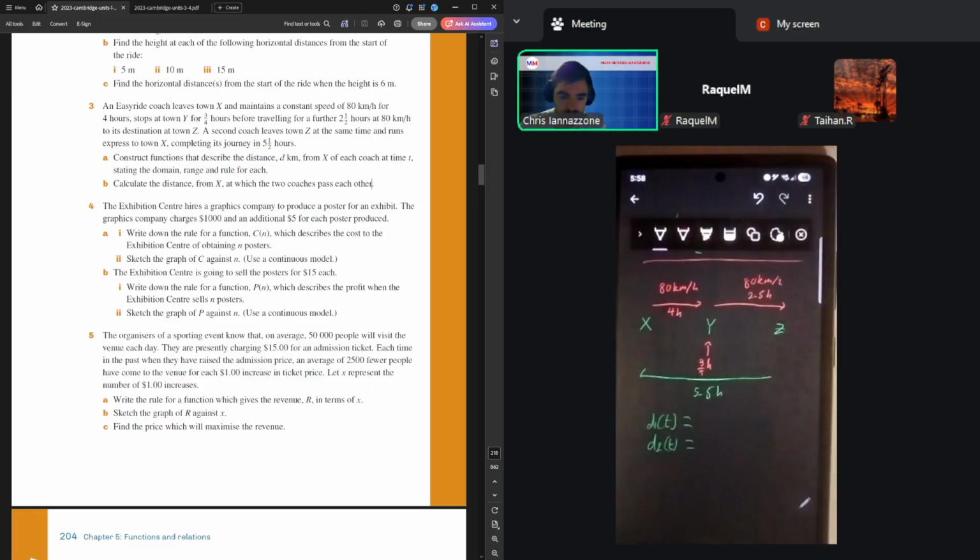Maybe another thing to highlight is our distances: what unit do we have? D in kilometers. So we're creating these in terms of kilometers.